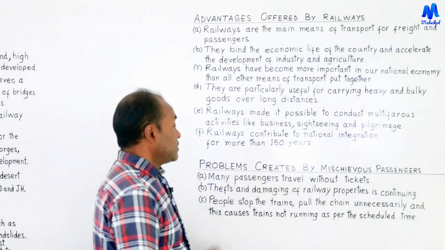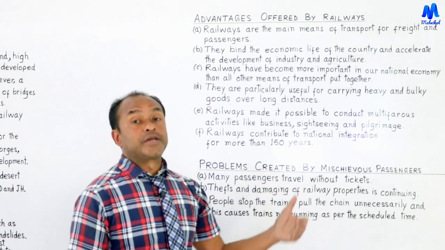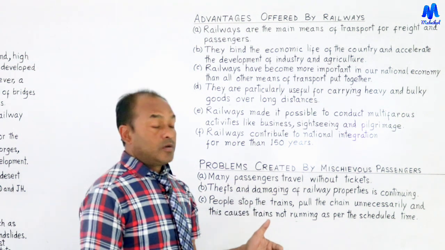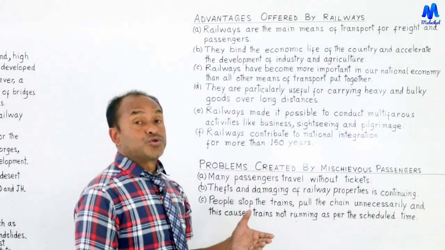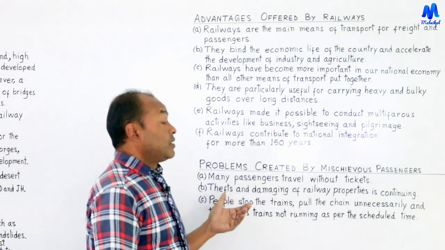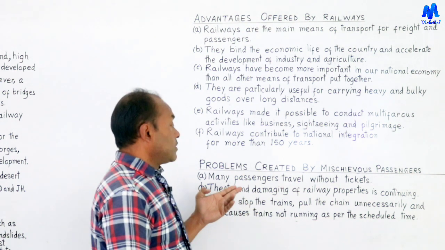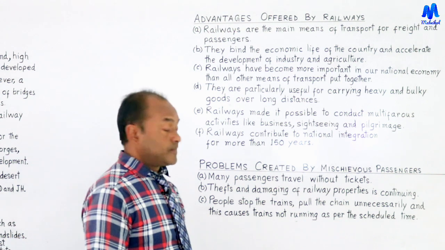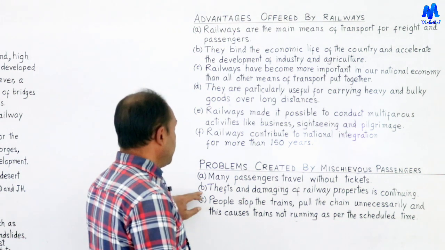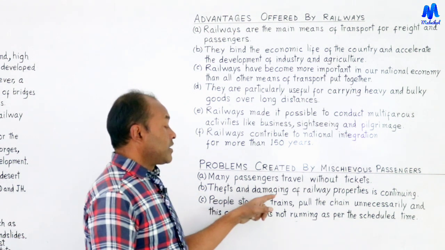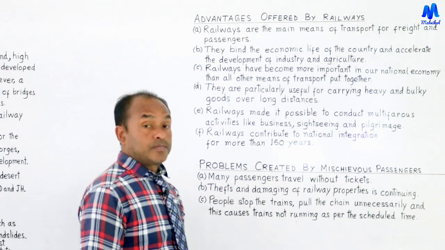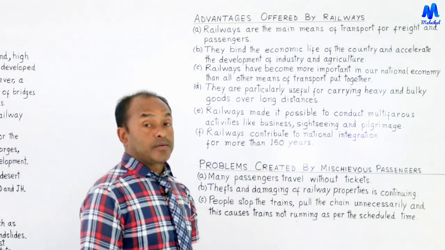They travel without tickets. It's a major nuisance in the railways. Number B, thefts and damaging of railway properties.